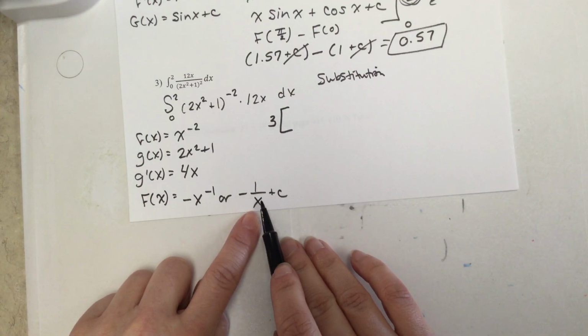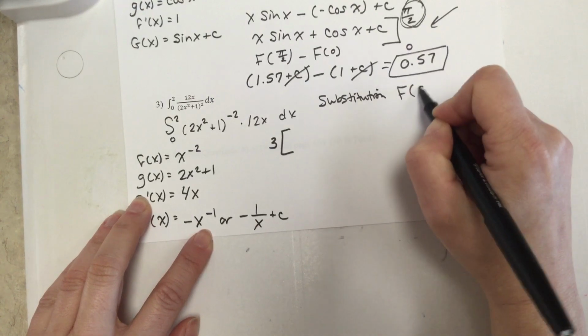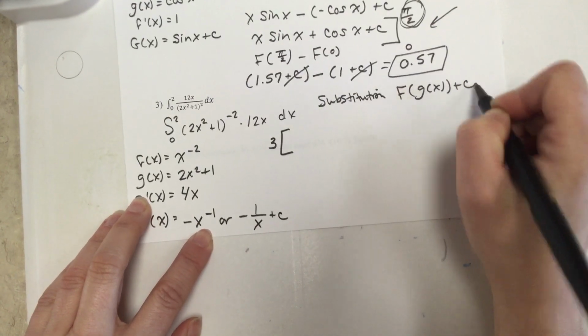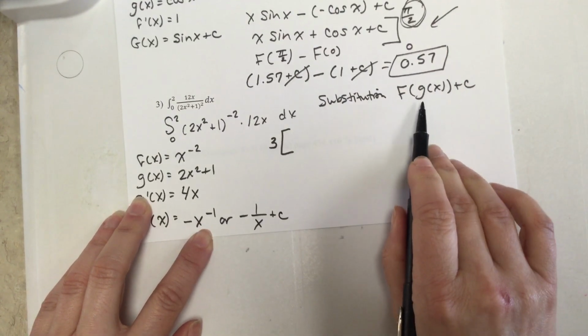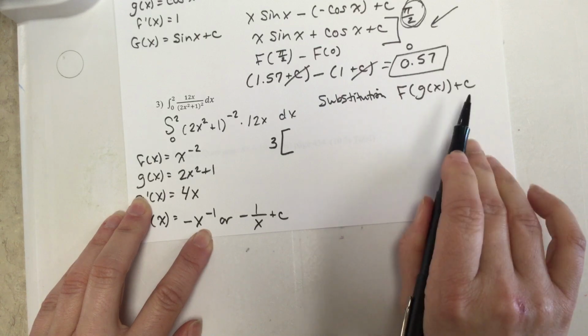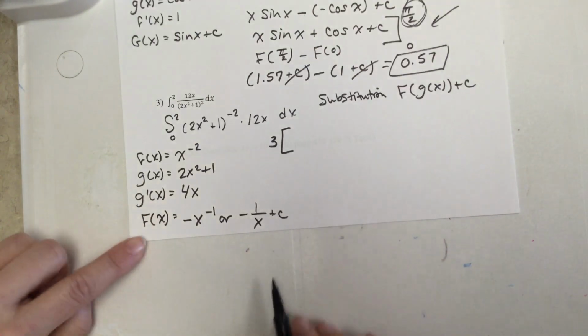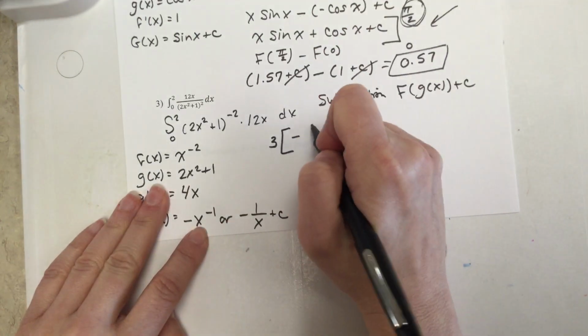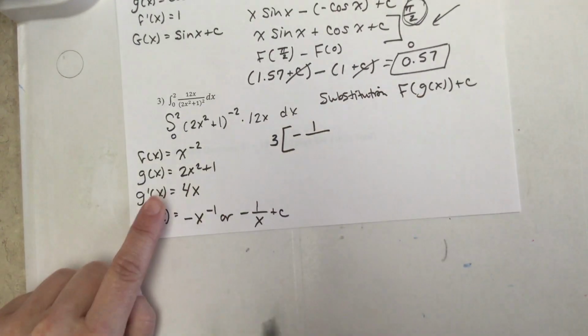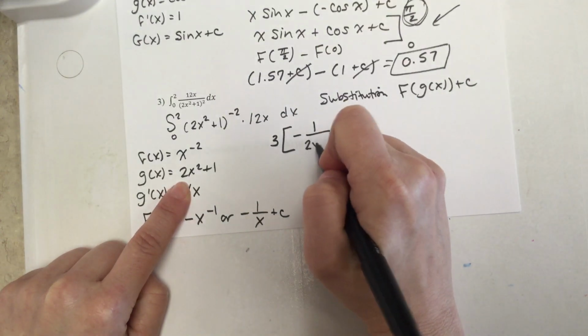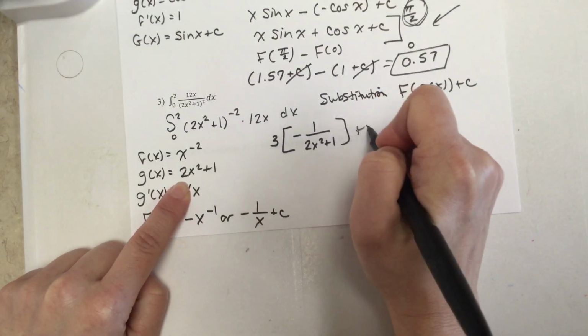Okay, so if I'm doing substitution, remember, here's your formula. It's the antiderivative of f. You fill in the original g of x, and you have a plus c. So I have my 3 on the outside, and my antiderivative is negative 1 over g of x, which is 2x squared plus 1, plus c.